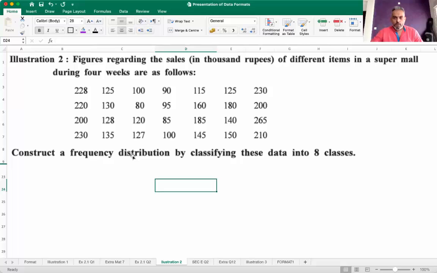Illustration number 2 from your textbook. I'll give you the page number also. Page number 20. Now, mark this sum important. It's a nice sum for practice.